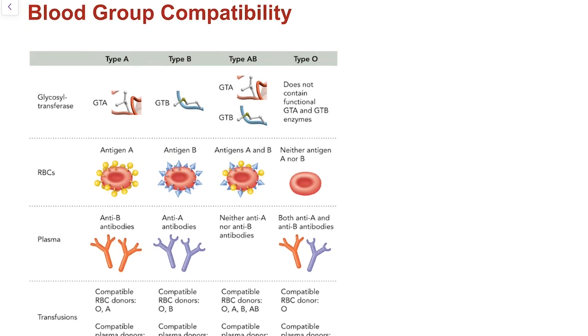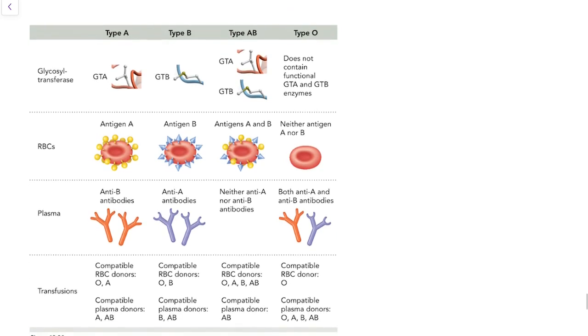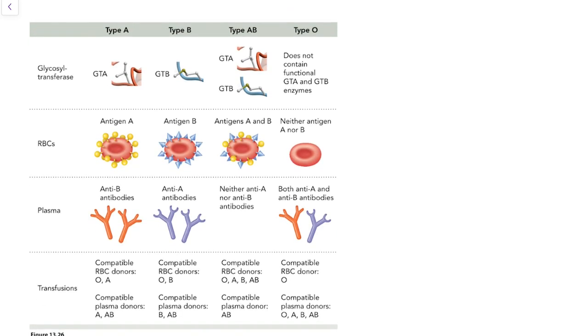So the reason for this is in these glycosyl transferases. For example, someone that has type A blood, looking down this column of type A blood, has the A antigen made, has the A transferase active, and therefore is going to have antibodies made against the B antigen within their plasma.